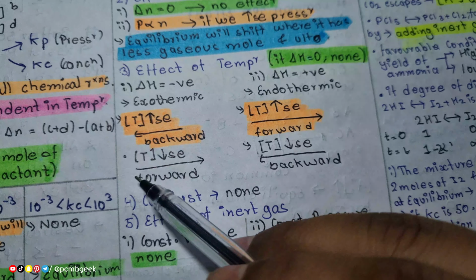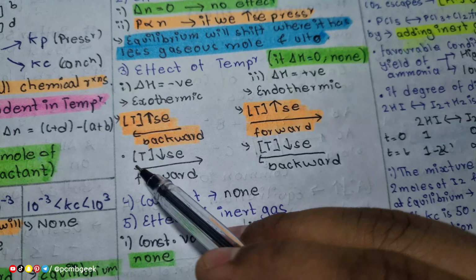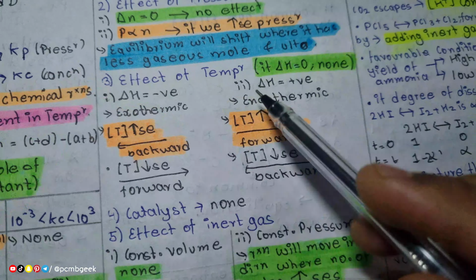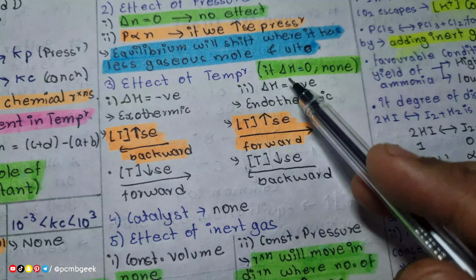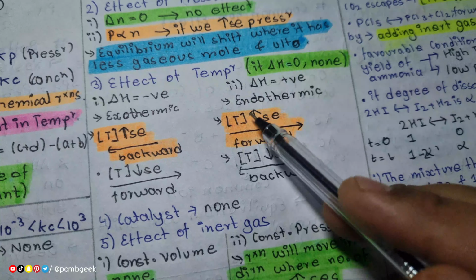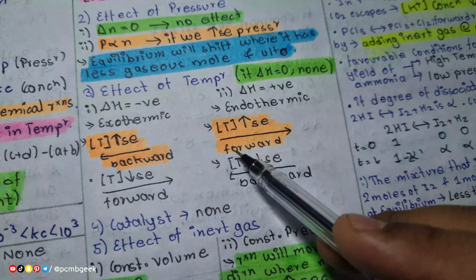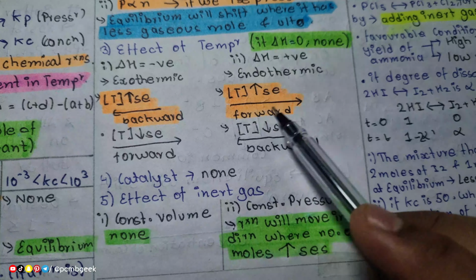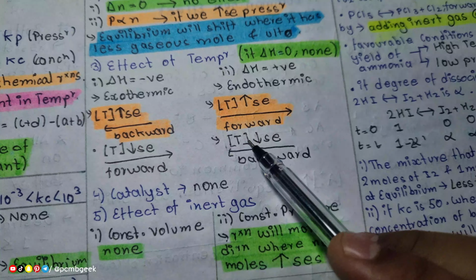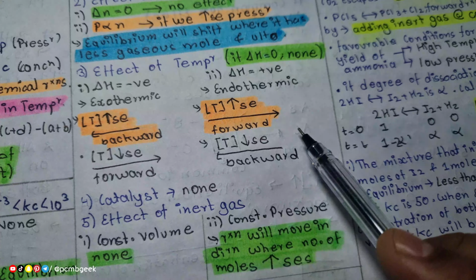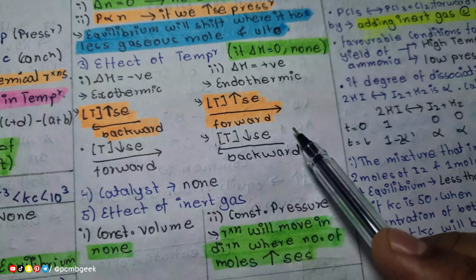If the temperature is decreased, it will try to increase the temperature, that way it will shift toward the forward reaction. Similarly, if del H is positive, that is, an endothermic reaction, if the temperature is increased, it will try to minimize the temperature, that way the equilibrium will shift toward the forward reaction. And if the temperature is decreased, it will try to increase the temperature, that way equilibrium will shift toward the backward reaction.